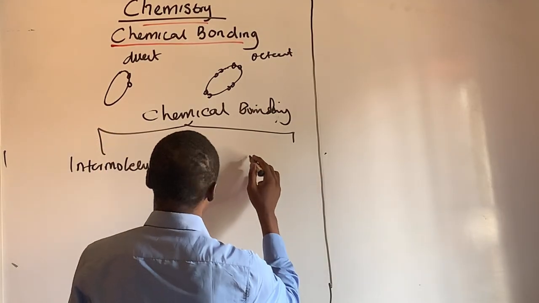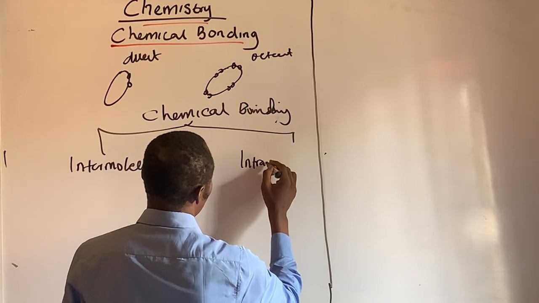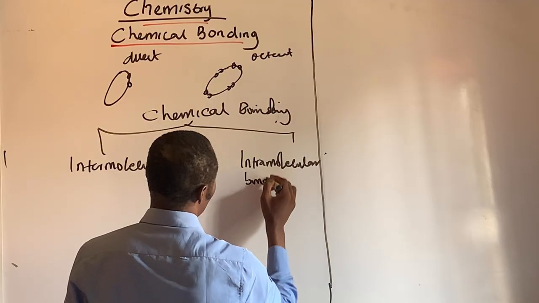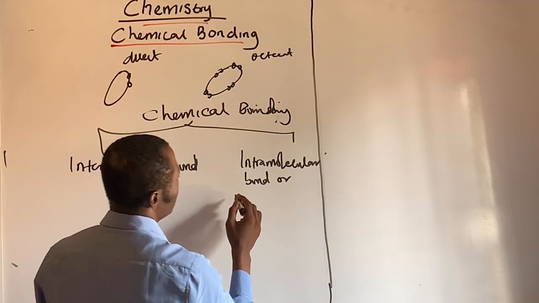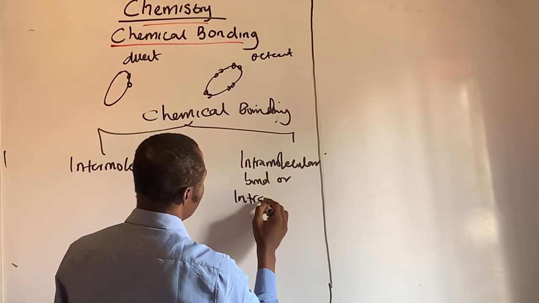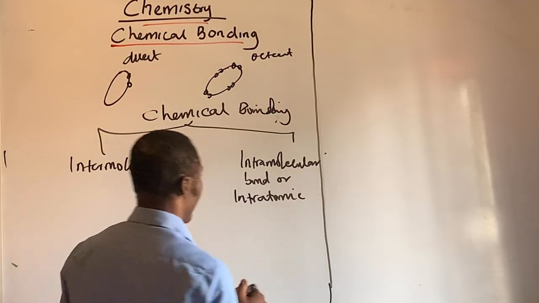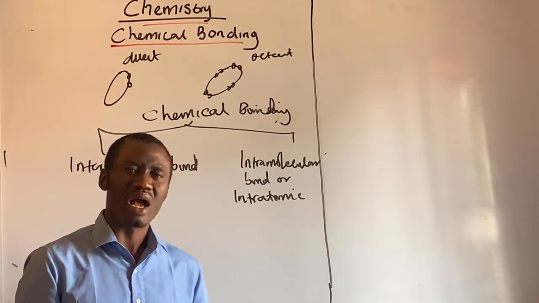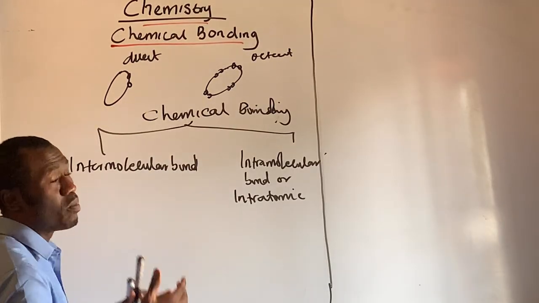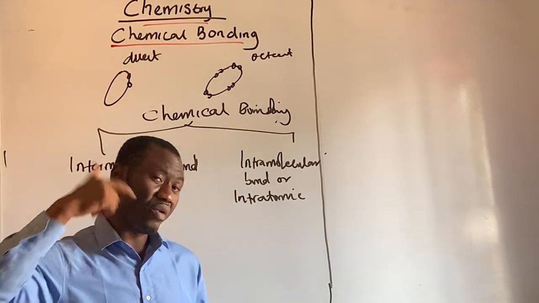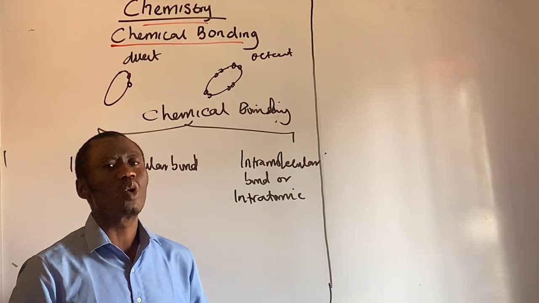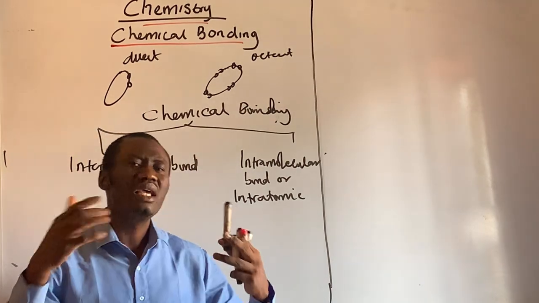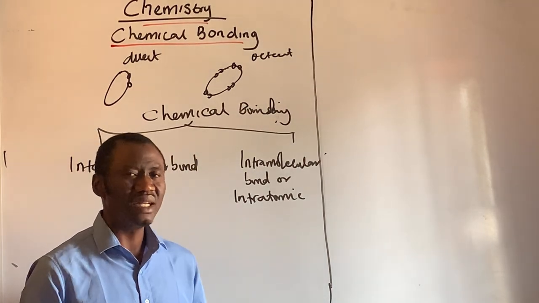Number two, we have the intramolecular bond, also called the intra-atomic bond. These are the two major categories of chemical bonding that we have. Remember that reactions occur, and when reactions occur, various types of chemical bonds also occur. And why do we have reactions? So that each element will obtain stability.